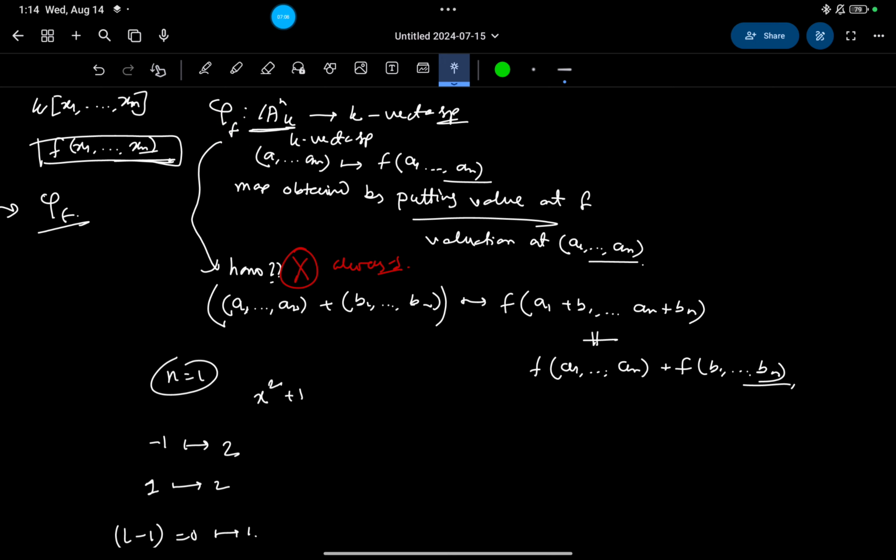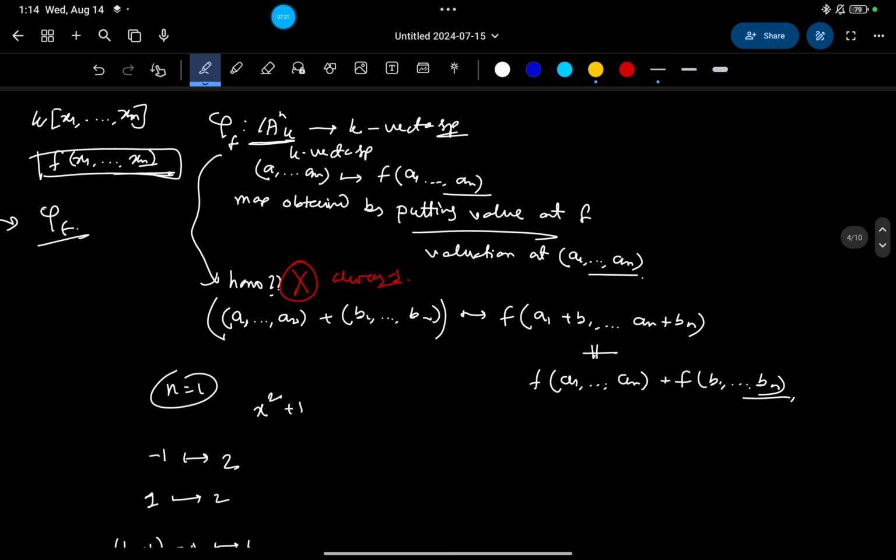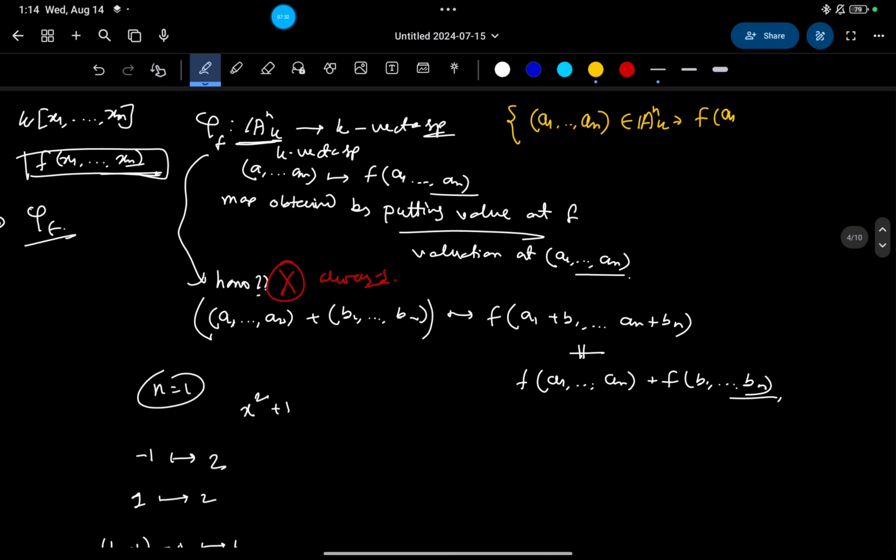Like I can talk about some elements in A^n(K) which will give value 0 at f, which means I can talk about such a set, that is the set of (a1, ..., an) belonging to A^n(K) such that f(a1, ..., an) is 0, means it is nothing but the zero set of f. Okay, so I can talk about such a zero set.